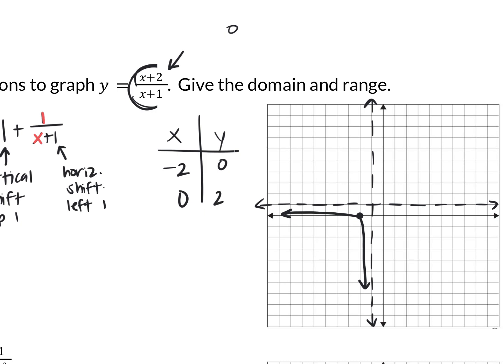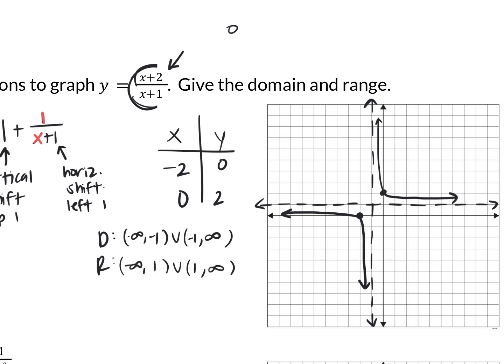So at 0, I plot a point at 2, and I go ahead and draw in my end behavior shape. Now all we have to do is write our domain and our range.